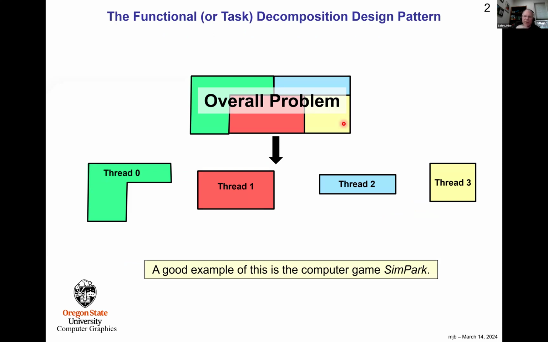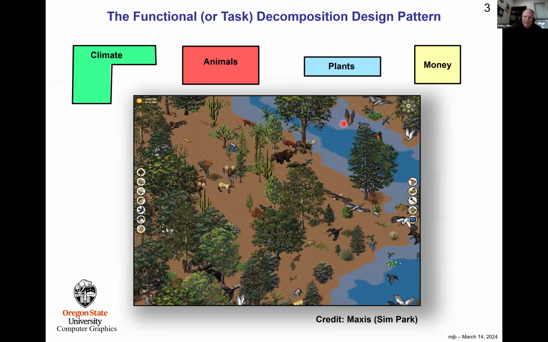All right, so yes, we talked about SimPark. And again, there are pieces here that all have to play together. And that's really the important part. If the bears and the deer could just go off on their own, then you wouldn't need functional decomposition. They would just run.